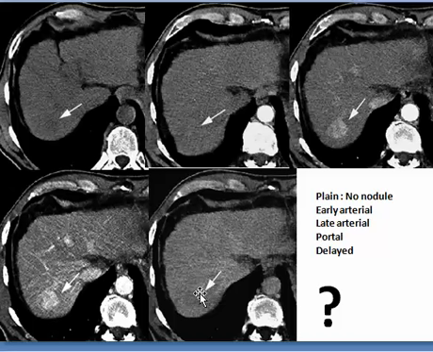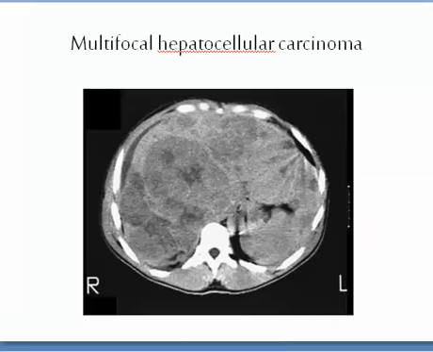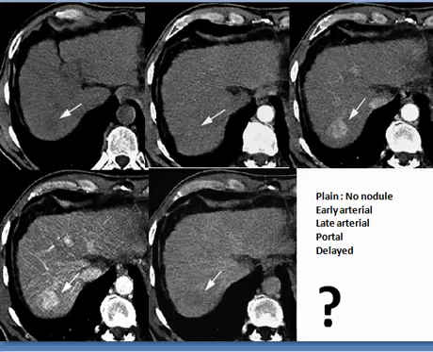So there is definite washout. So early enhancement with starting washout in the portal or delayed phase, which is completed in the delayed one. This was a carcinoma. These are the characters of carcinoma.